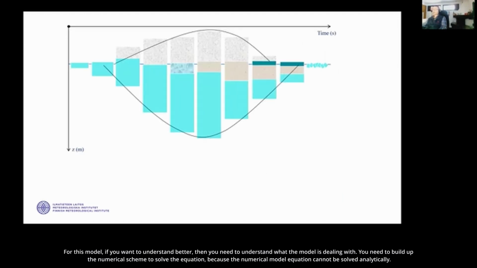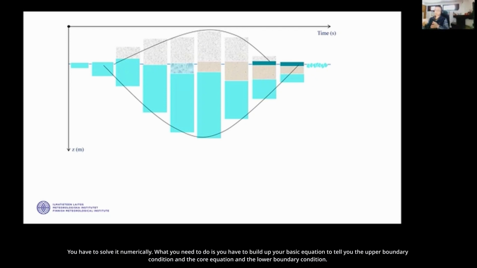For this model, like I said, if you want to understand better and more, then you need to understand what the model is dealing with. And you need to build up the numerical scheme to solve the equation, because the model equations cannot be solved analytically. You have to solve them numerically. So you have to build up your basic equation to tell you the upper boundary condition, the core equation and the lower boundary condition.